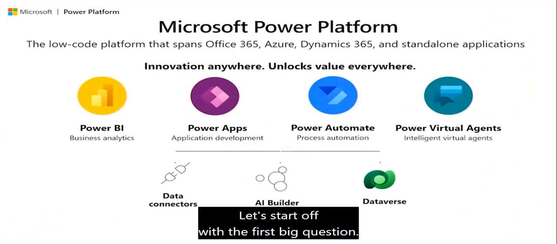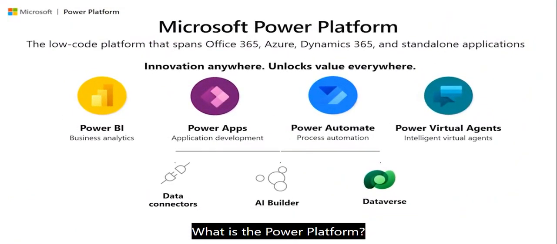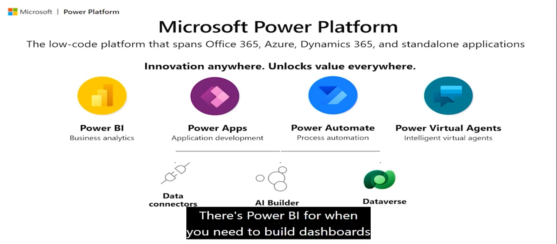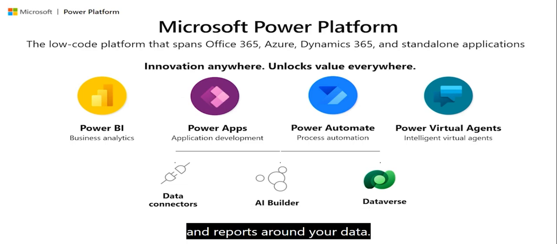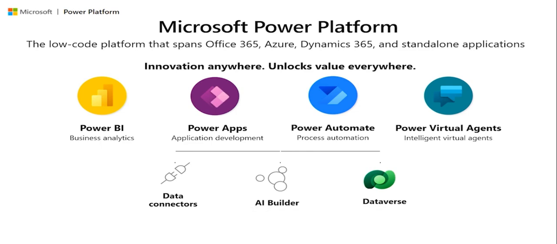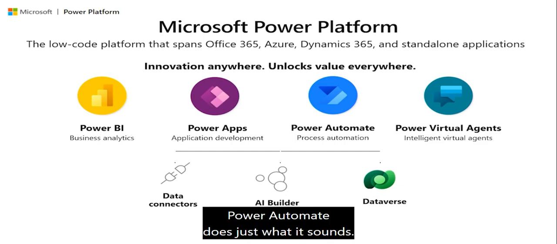Let's start off with the first big question. What is the Power Platform? Well, at the core, the Power Platform is built on 4 products. There's Power BI for when you need to build dashboards and reports around your data. We have Power Apps, enabling you to build apps for your employees. Power Automate does just what it sounds.